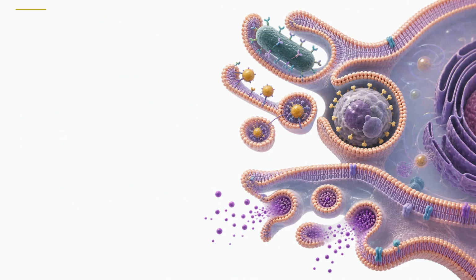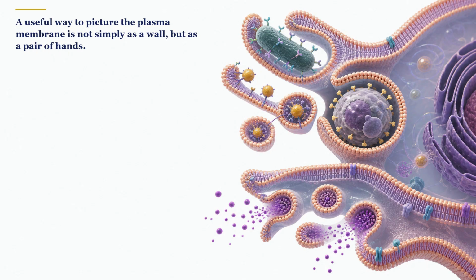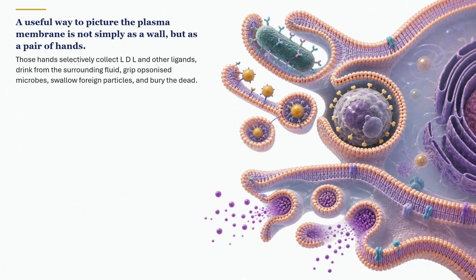A useful way to picture the plasma membrane is not simply as a wall, but as a pair of hands. Those hands selectively collect LDL and other ligands, drink from the surrounding fluid, grip opsonized microbes, swallow foreign particles, and bury the dead. They turn outward to deliver hormones, enzymes, and neurotransmitters.